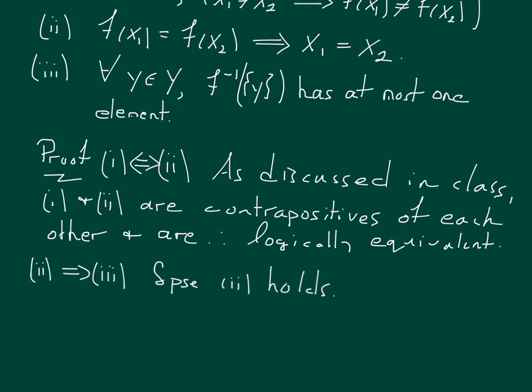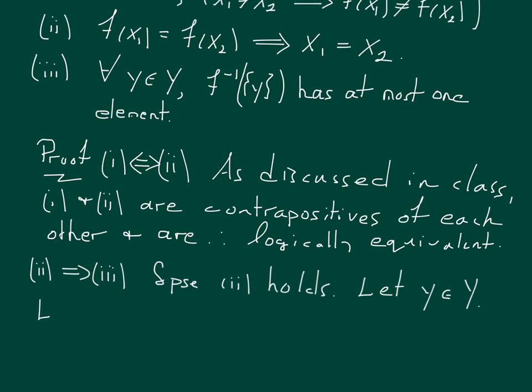So, to prove 3, let's take a y in Y and try to show that the preimage of this singleton set has at most one element. Well, how can we do that? Well, we'll pick potentially two elements, x1 and x2, in this set and show that in fact x1 has to equal x2.